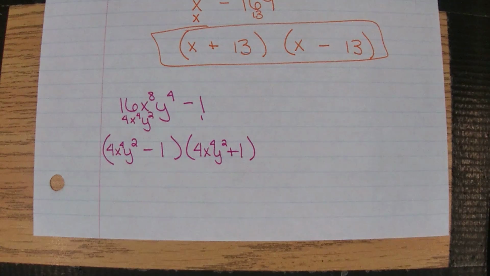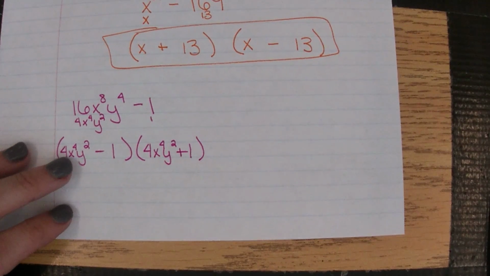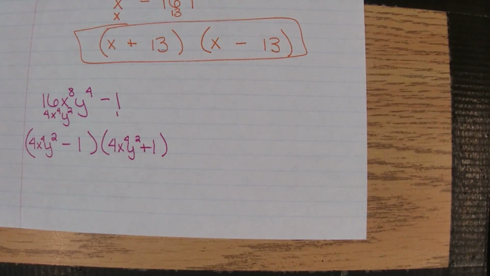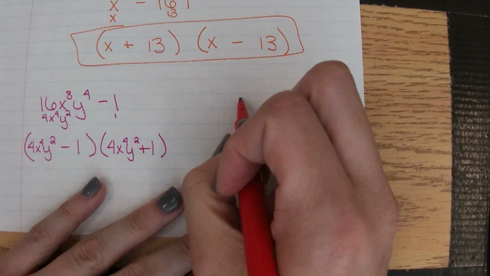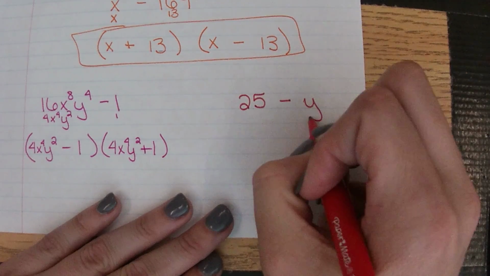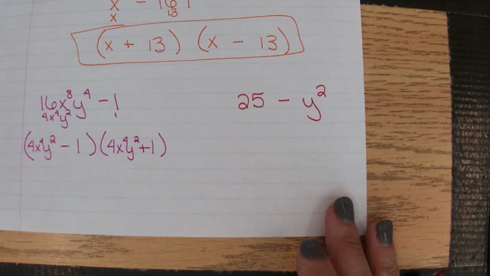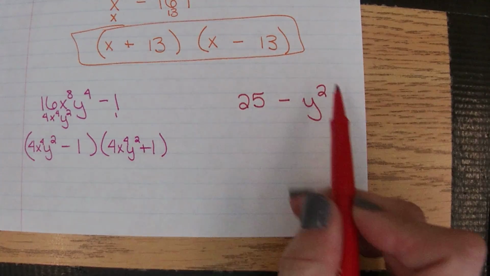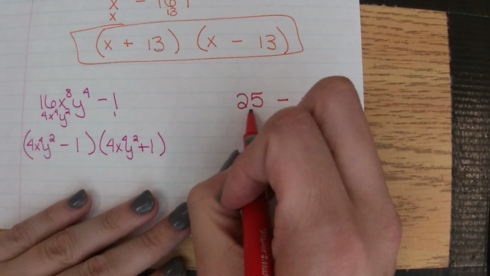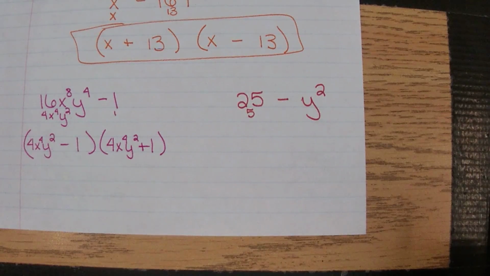The only last thing I'm going to add to this is just to really make sure that you are keeping the order consistent. Okay, you cannot mix that order up, which means if we are asked to factor something like 25 minus y squared, okay, it's 2 terms, it's subtraction. 25 is a perfect square, it's 5. 5 times 5.